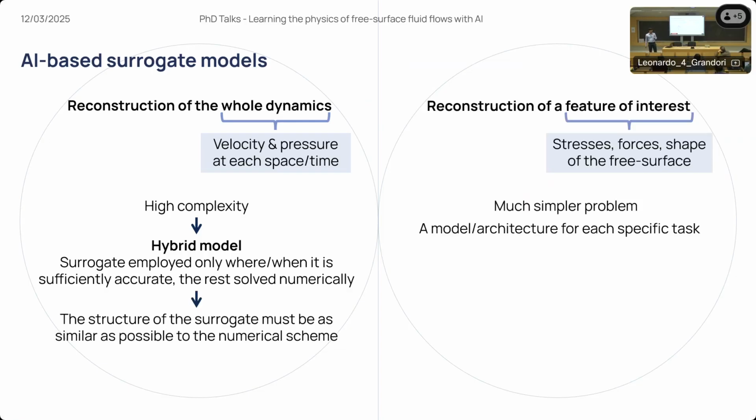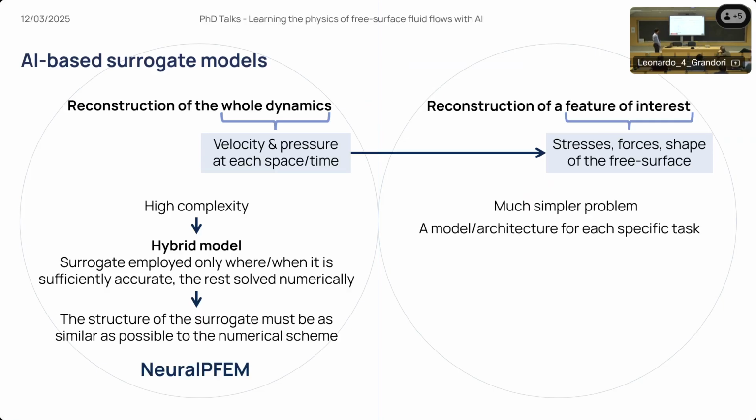This is, of course, a much simpler problem because we focus only on one task, but it requires training new models for each task and often developing a new neural network architecture for each task, because maybe there are some differences in what we want to learn. Of course, if we have the left kind of models, we can infer this kind of feature of interest from the whole dynamics.